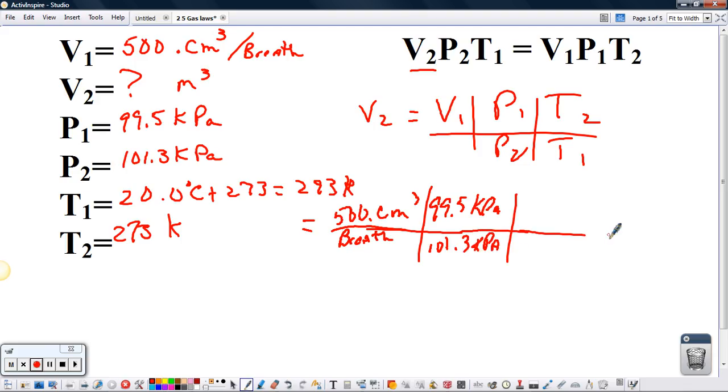My T2 is 273 K, and my T1 is 293 K. So I calculate that, I'm going to get 400 something as my answer.